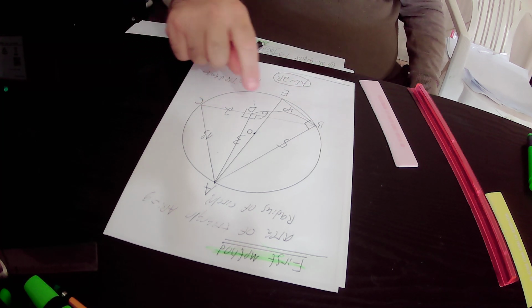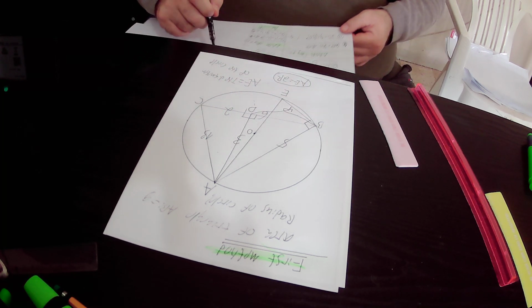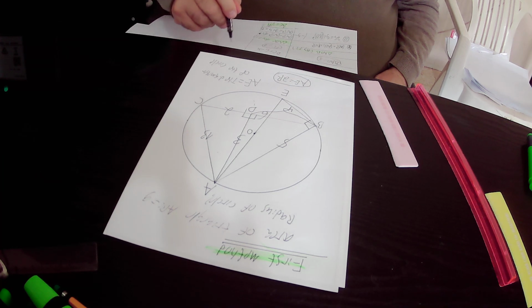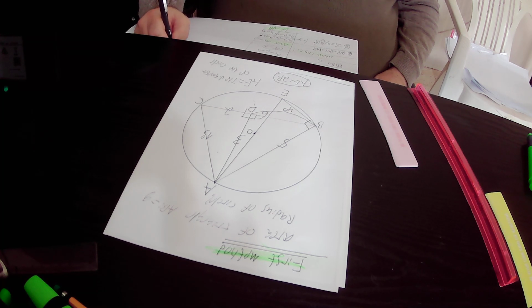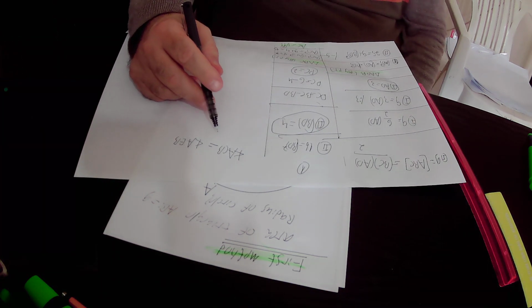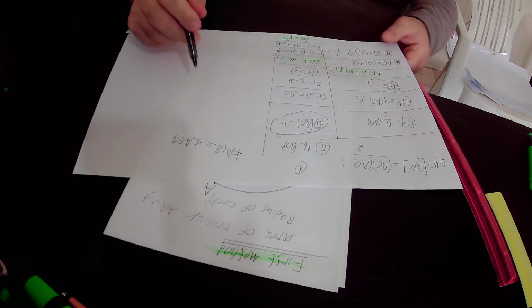That is to say, angle ACB rests on chord AB, so it must be equal to angle AEB, which also rests on the same chord, chord AB.